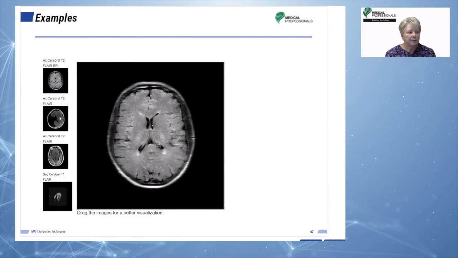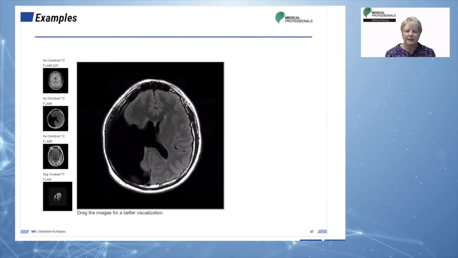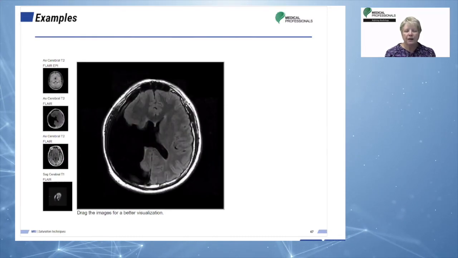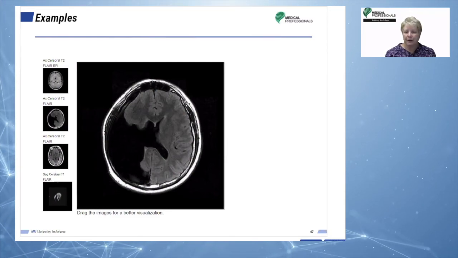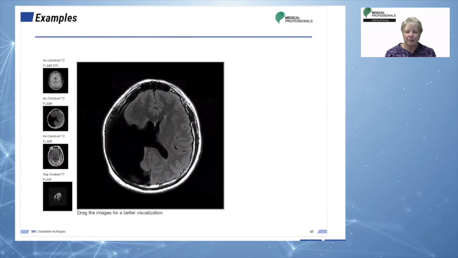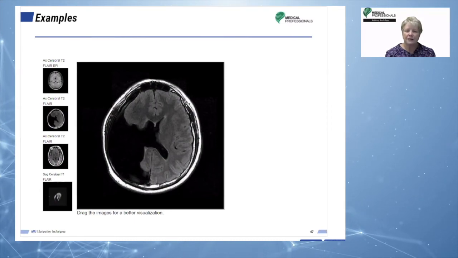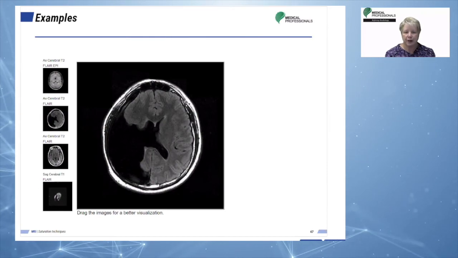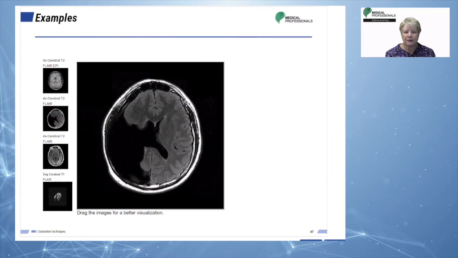The next two images, I'm going to pull one over, okay. This image and the next one after are both images showing an axial T2 FLAIR. This sequence is common in brain imaging, especially to help identify small lesions hidden by the fluid content of the brain. As I mentioned, an example of that would be multiple sclerosis.